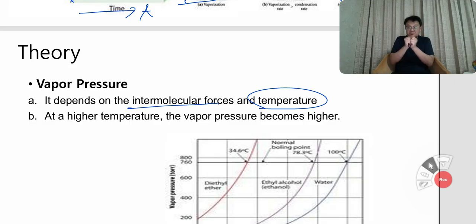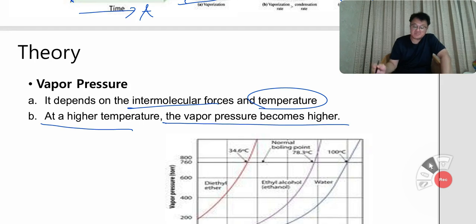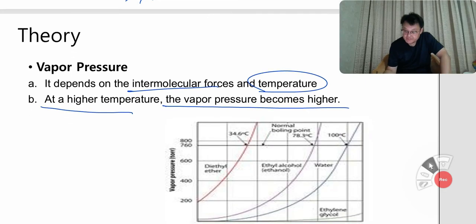They tend to stay more in the liquid form, okay? Then the vapor pressure becomes lower. When the intermolecular force is lower, they can easily vaporize, so the vapor pressure becomes larger. At a higher temperature, the vapor pressure becomes higher. And as the intermolecular force becomes lower, the vapor pressure becomes higher.